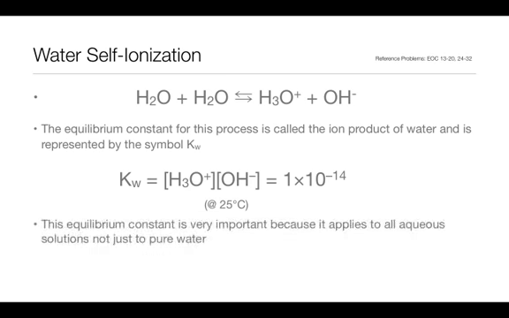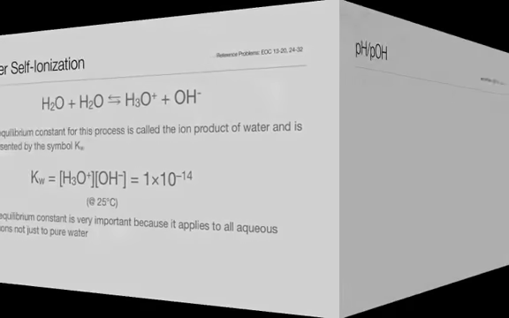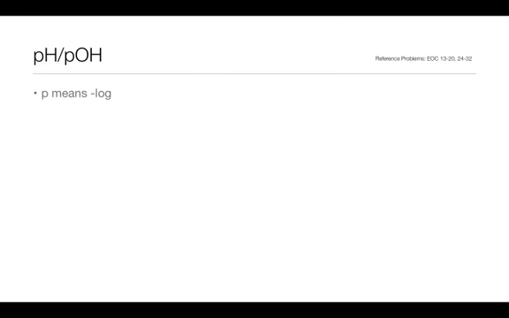For all of our aqueous solutions, this equilibrium equation is going to be in the background. And it also then leads to how we measure what we call pH and pOH. P in the pH and pOH, and any other measurement that you would see that has P at the beginning, represents the negative log. So what we're going to be doing is taking the negative log of some value.